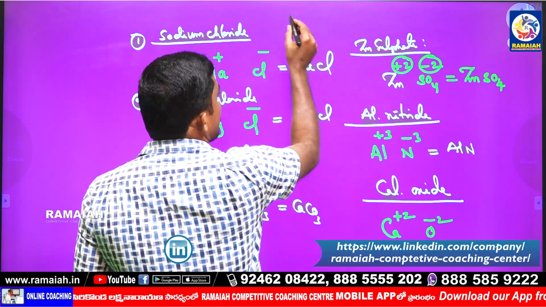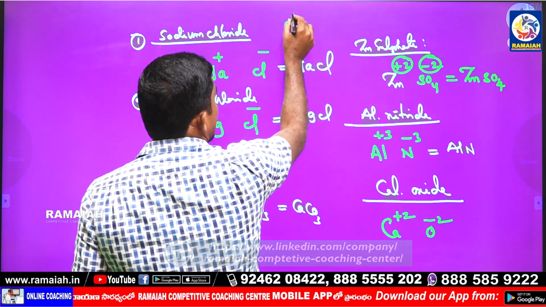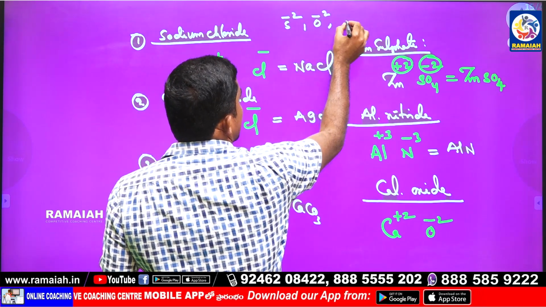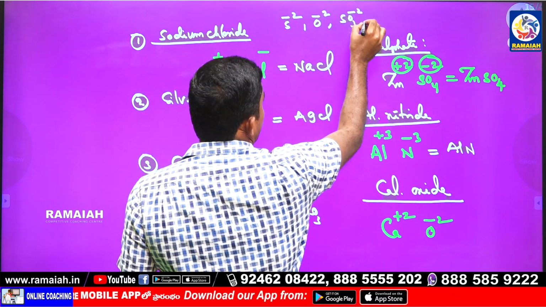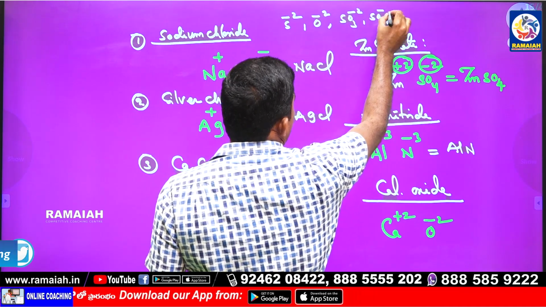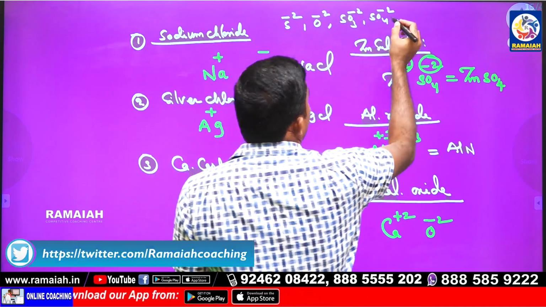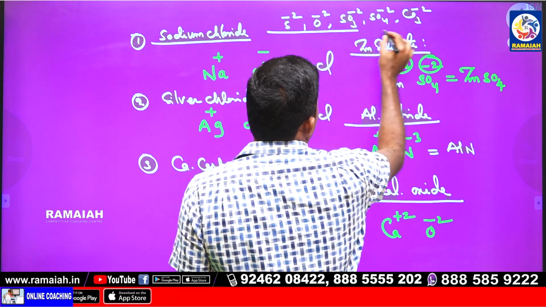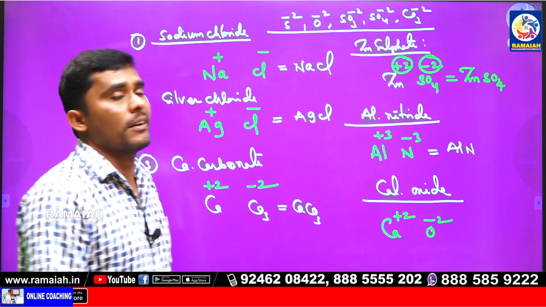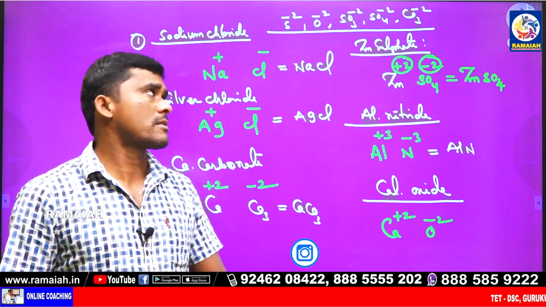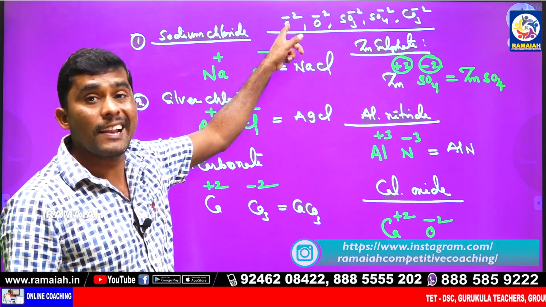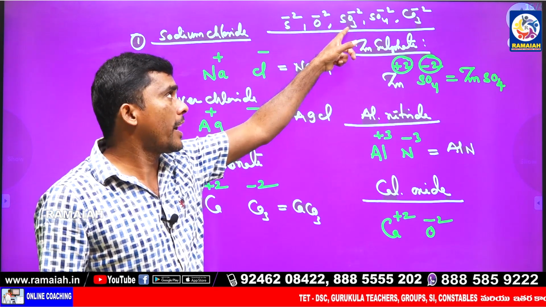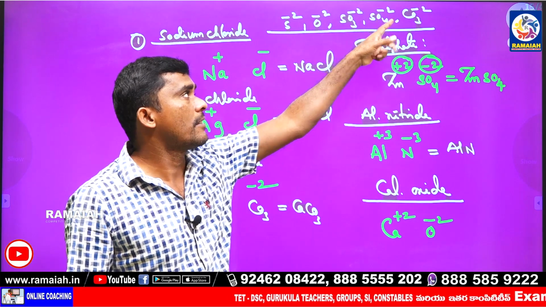In minus 2 charges, we remember S minus 2, O minus 2, SO3 minus 2, SO4 minus 2, and CO3 minus 2. These are di-negative ions, known as sulfide, oxide, sulfite, sulfate, carbonate.